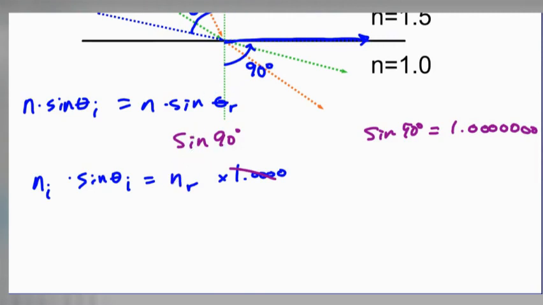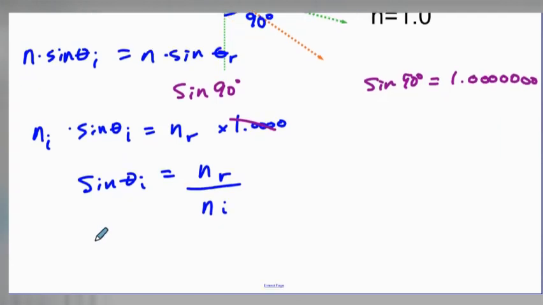So the sine of the angle is always going to be the ratio of nr over ni. In this example, the sine of the angle is going to be 1.0 divided by 1.5.